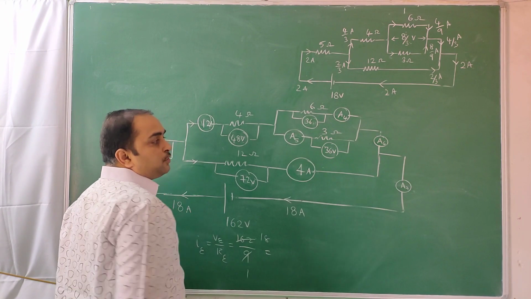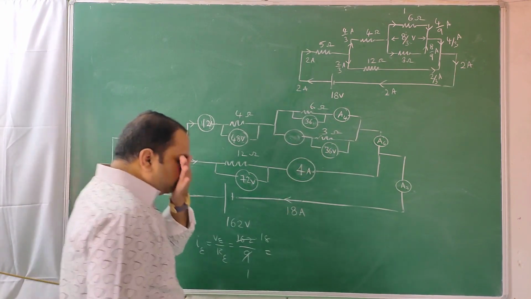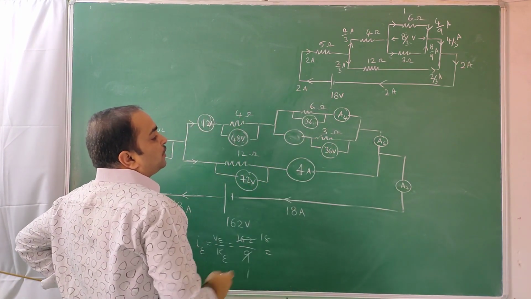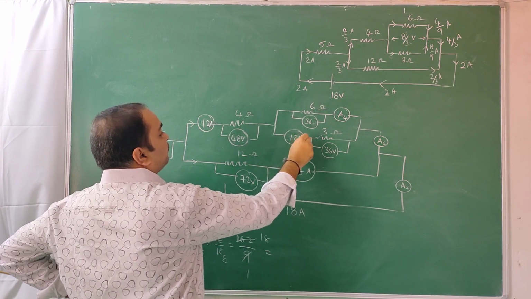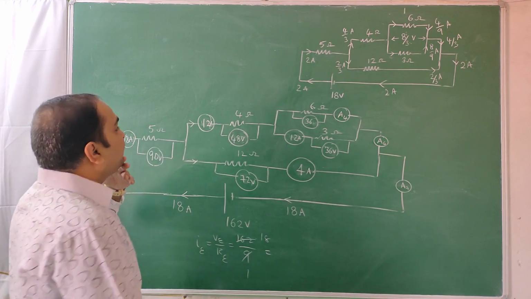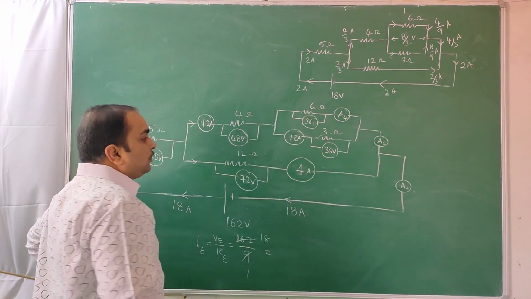Voltage by resistance gives you current. 36 by 3, 3 ones are 3, 3 4s are 12 amps. 36 by 6. So somewhere we have gone wrong.